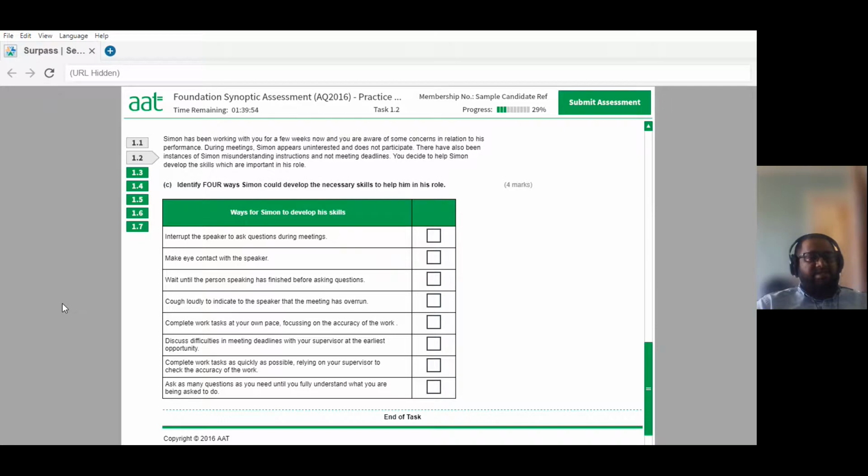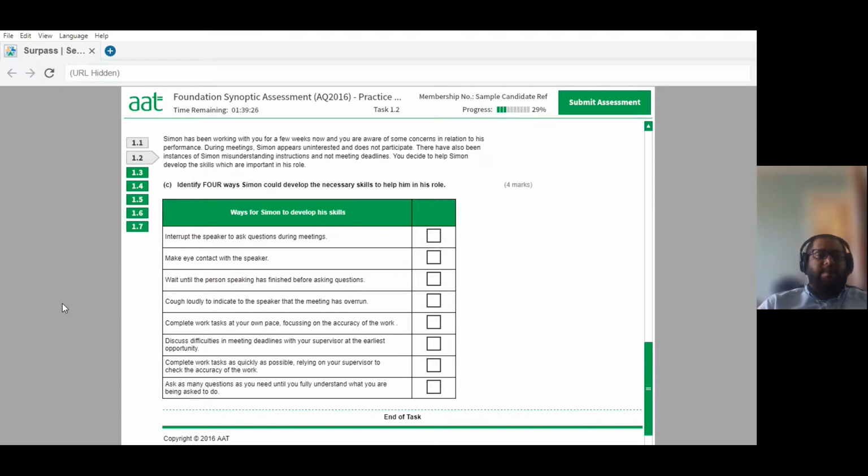During the meeting, Simon appears uninterested and does not participate. There have also been instances of Simon misunderstanding instructions and not meeting deadlines, which are very crucial, especially in the finance department. You need to make sure you understand what you are tasked with, and also not to miss deadlines because it can have serious repercussions.